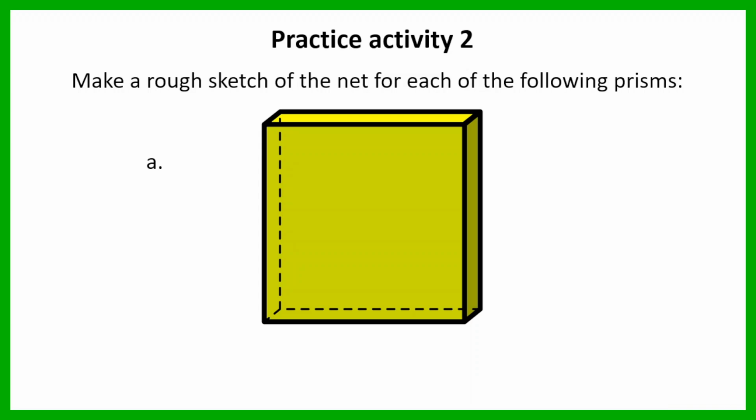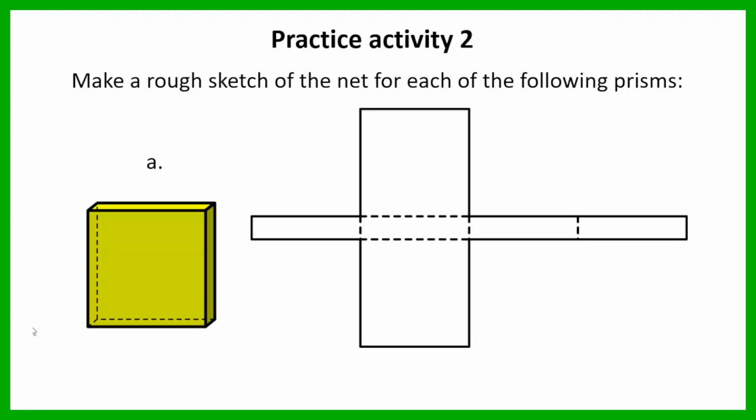Okay, so let's take a look at what your net should look like. For this particular prism, you should have 2 squares, and then 4 rectangles for the lateral faces that go around the prism. This is not necessarily the only option for your net. You could have the shapes placed slightly differently. You just need to make sure that if you were to use your net to build the prism, you wouldn't have any faces that are overlapping, and that you have the correct number of each of the faces.